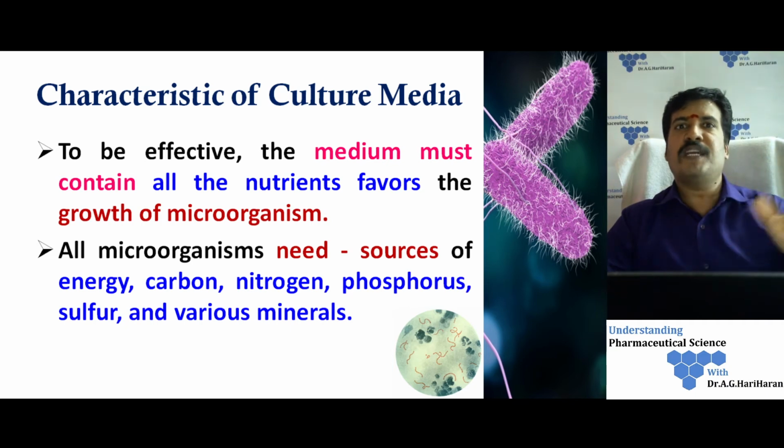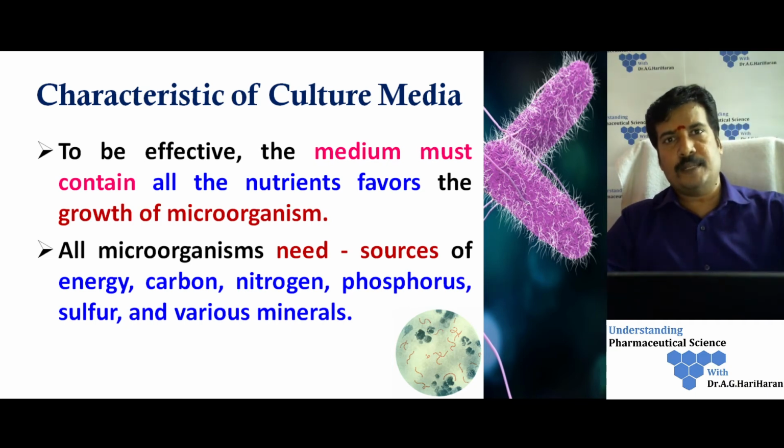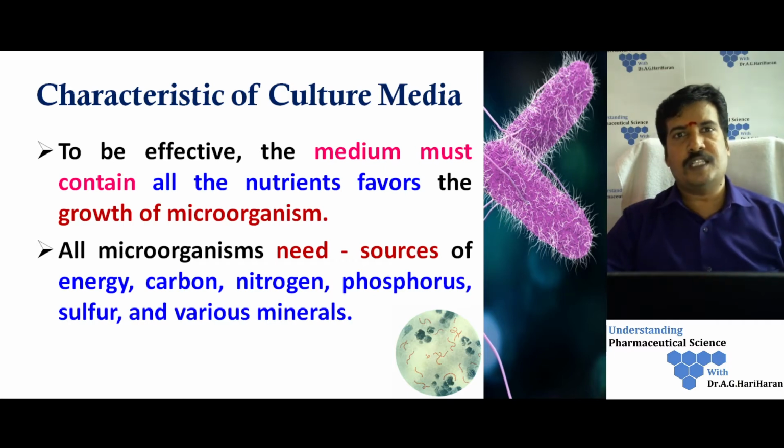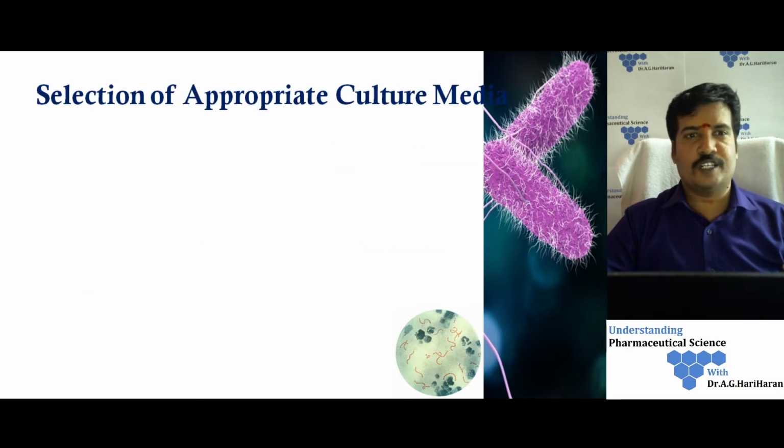Basically, even the pH of the media will do this. Generally, bacteria have an ability to grow in a culture media pH from around 7 up to 10 or 11, but fungi can grow in a pH of less than 6, around 4 to 6, right? So the characteristics of the culture media should lie not only in the nutritive components itself, it should also favor the hydrogen ion concentration.